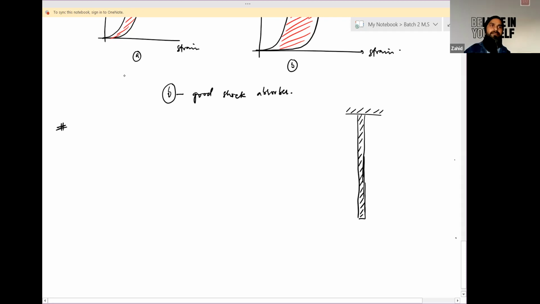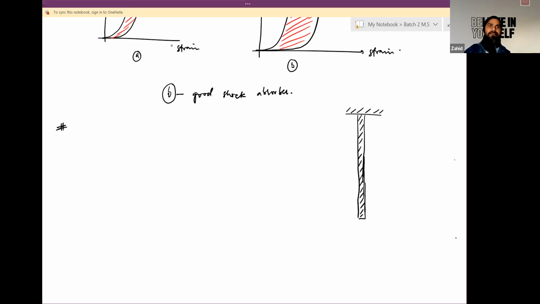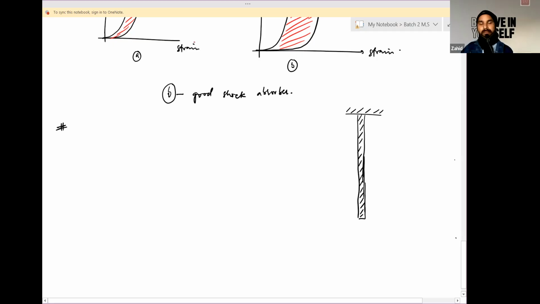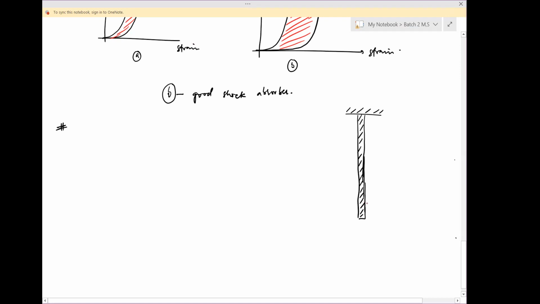Mariam, if you hang a wire which may have some mass freely for a long time, would there be any change in its length? Sir, due to gravity, yes, over time.